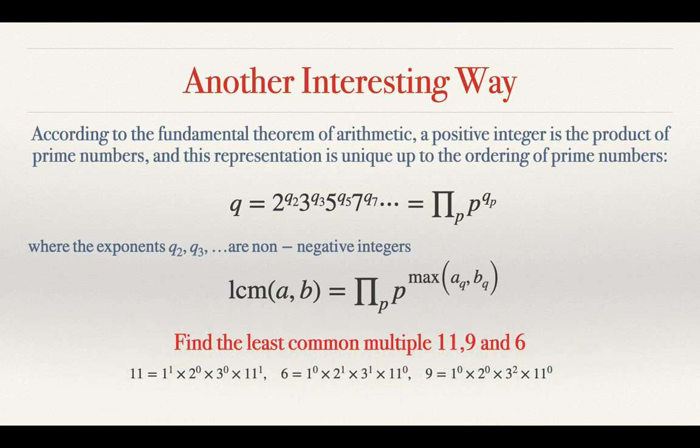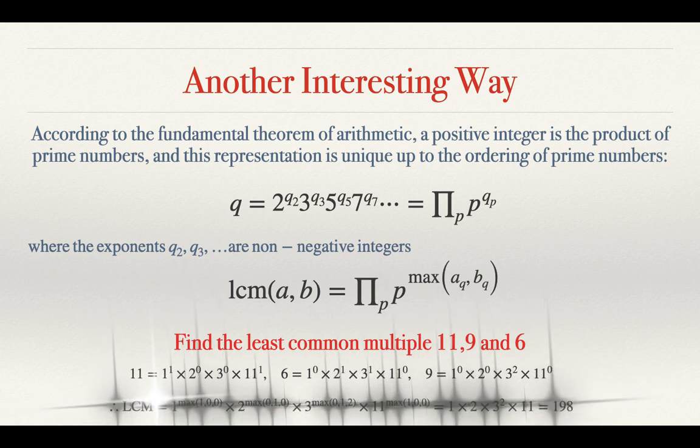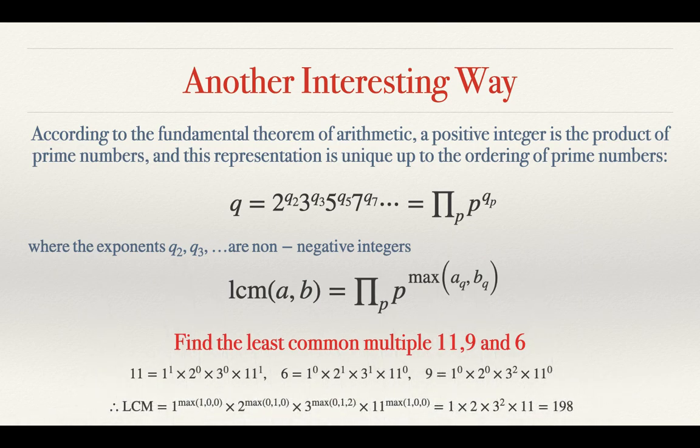So to find the least common multiple of 11, 9 and 6, we have to break each of them into their respective and unique prime factorization. After doing that, we have to take every prime number present in the prime factorization and we have to find the max of their exponents.